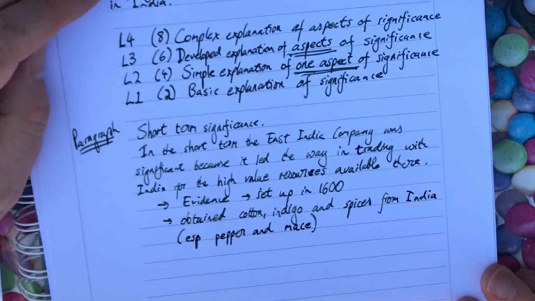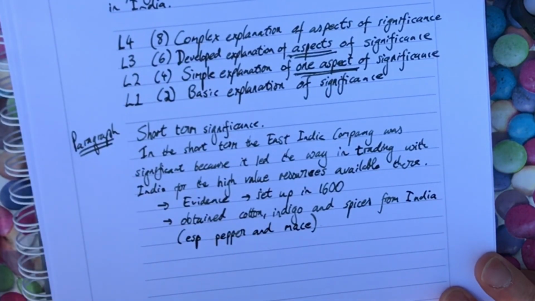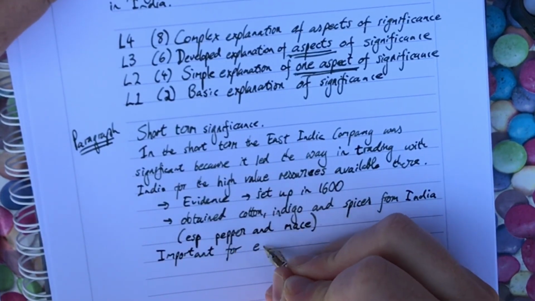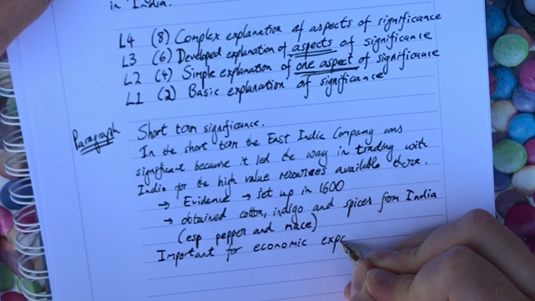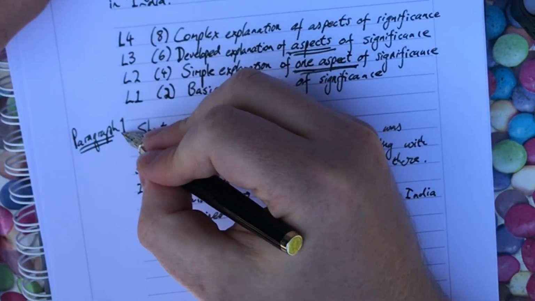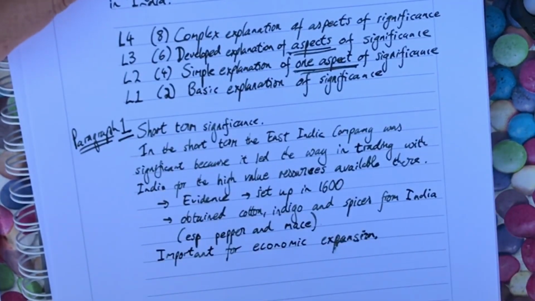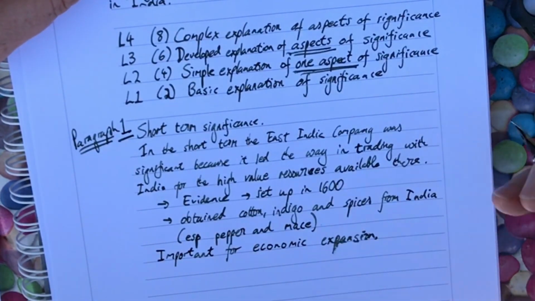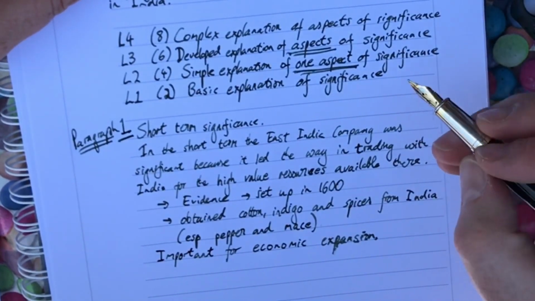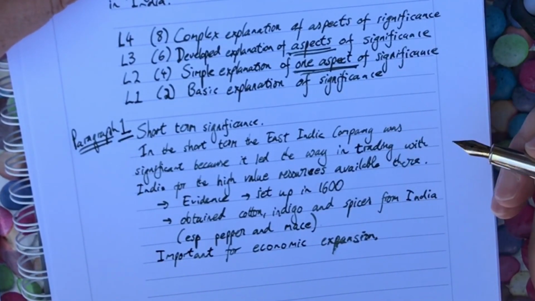So the short-term significance is that it is the economic aspect. Now, this is paragraph 1. From here, we're starting to do what we need to do to get an explanation in that would comfortably put us into a level 2 bracket.